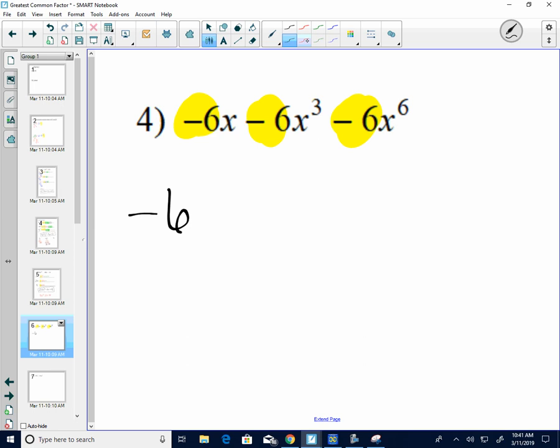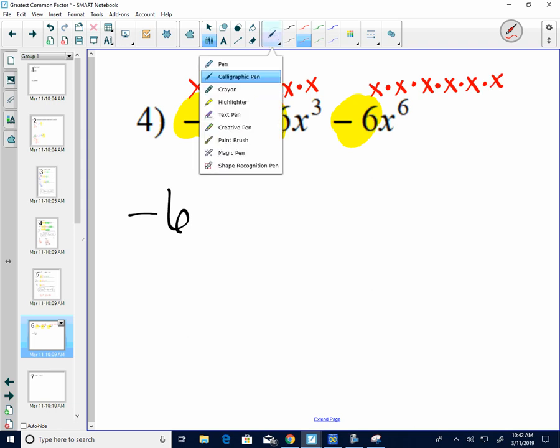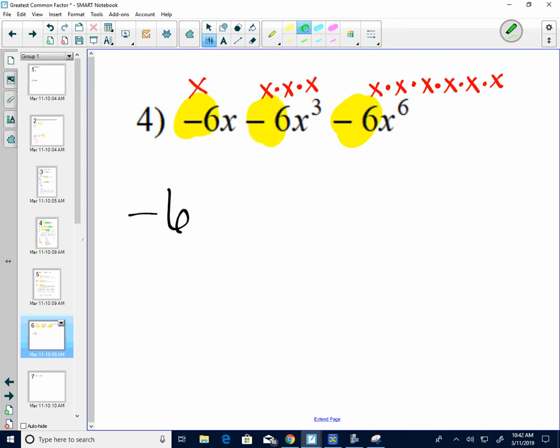So then really all I have to look at are the x's. This term has 1 x. This term has 3 x's. And this term has 6. So what's the biggest number of x's they have in common? Well, sadly, they just got 1 x in common.